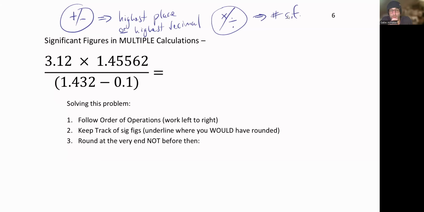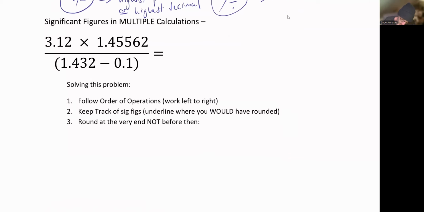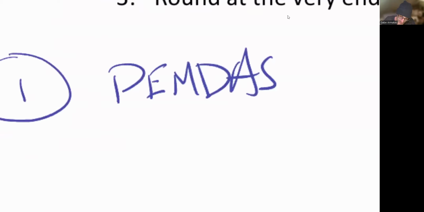First and foremost, when we solve one of these problems, we always have to follow the order of operations, working left to right. So what is the order of operations? We're going to use PEMDAS. We're always going to do parentheses first.